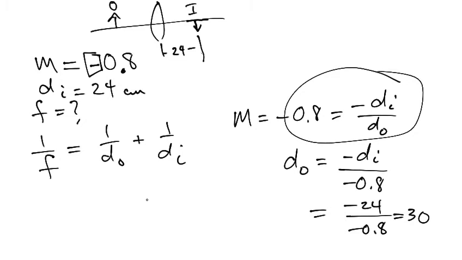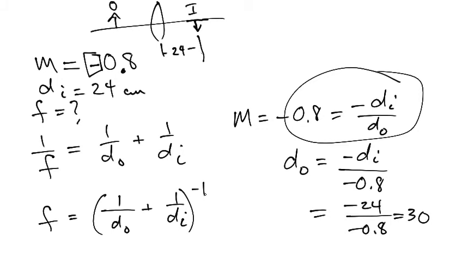And so now I can calculate my focal length simply by going 1 over do plus 1 over di, all reciprocated.